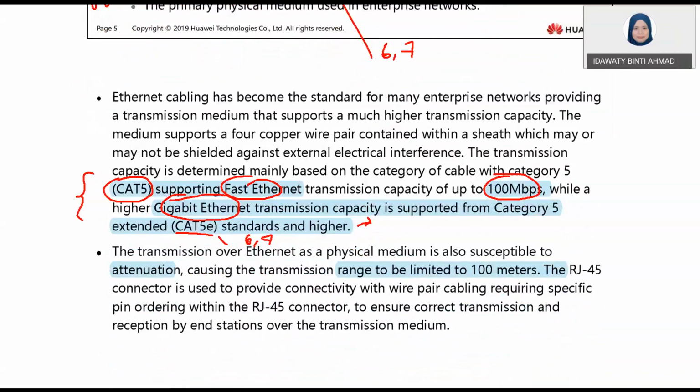This part is also telling you that if you exceed the limitation of 100 meters for all these cables, the signal will become attenuated and you will get errors in your transmission. Okay, let's go to the next part.